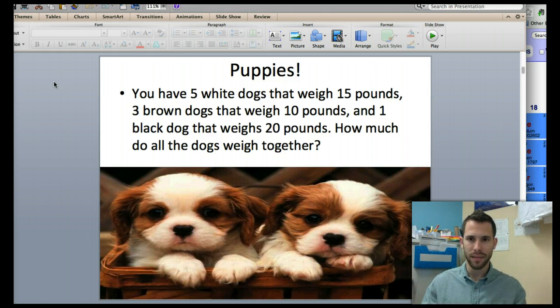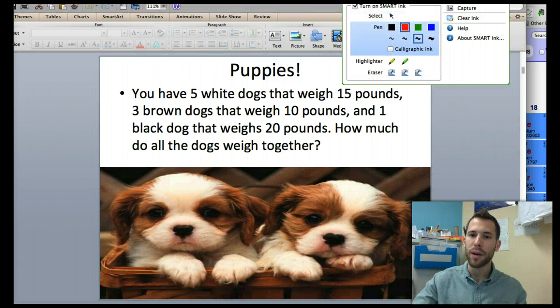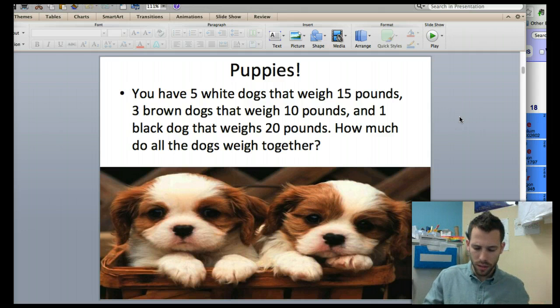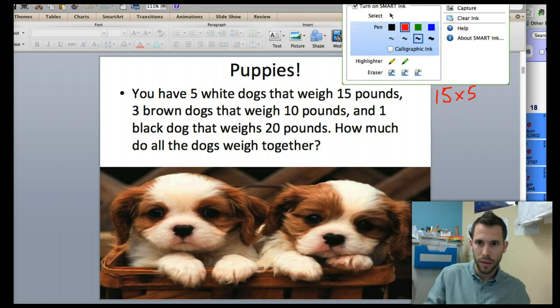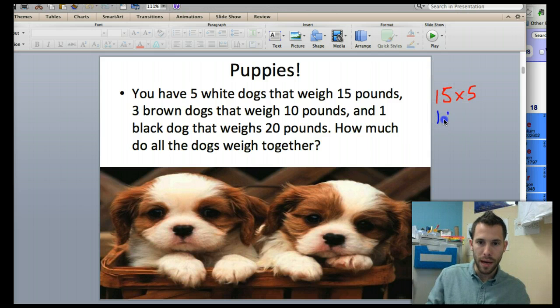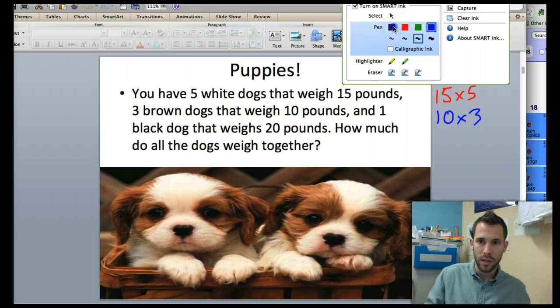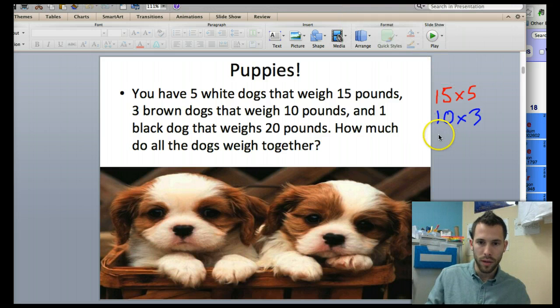Well, this is pretty easy. What you're going to need to do is find out the combined weight of each of the dogs. So in this case, for the white dogs, each white dog weighs 15 pounds, and we have 5 of them. Each brown dog weighs 10 pounds, and we have 3 of them. And the black dog, there's only 1 of them, and it weighs 20 pounds.